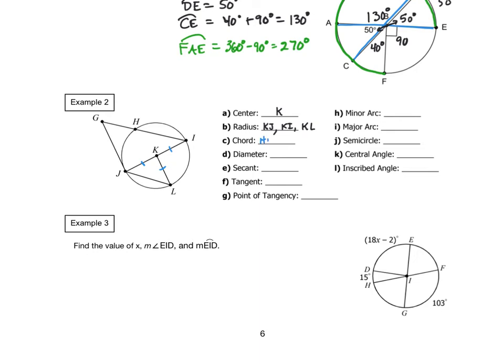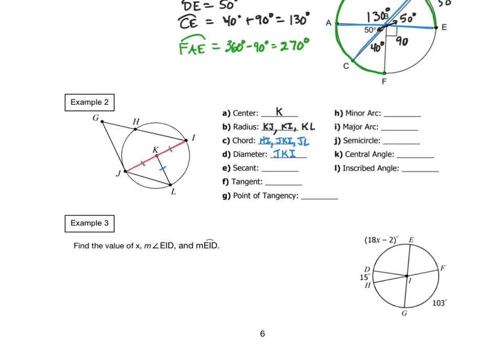So starting off with HI, then we have JKI, and we also have JL. Diameter, JKL is not only a chord, but it is also a diameter, and it is the only one that I see. So here's my diameter.